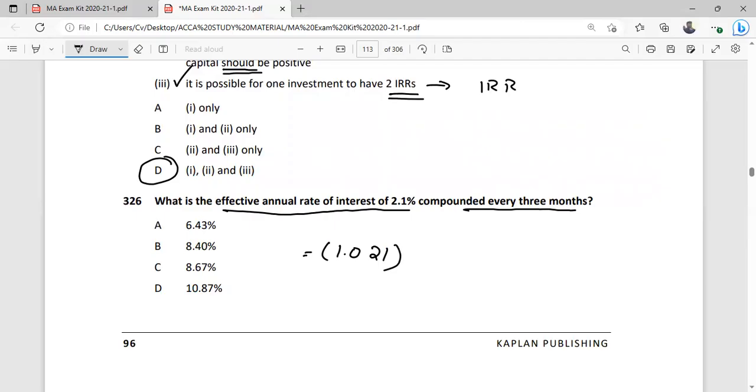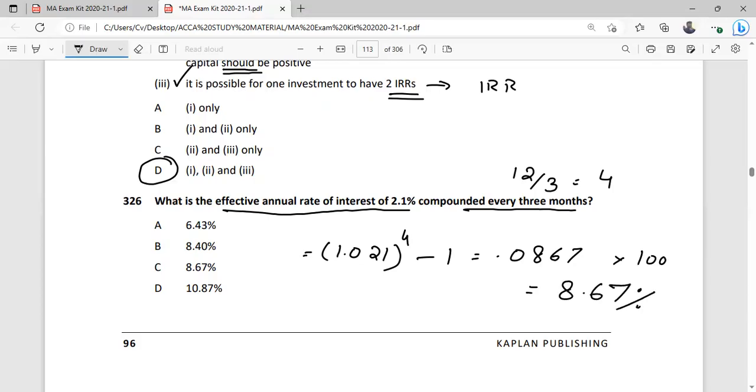Annual interest rate compounded every 3 months means in 1 year there will be 4 three-month time periods. So 1.021 raised to power 4 minus 1, and then you can multiply this answer with 100. So your answer is 8.67%. C is the right answer.